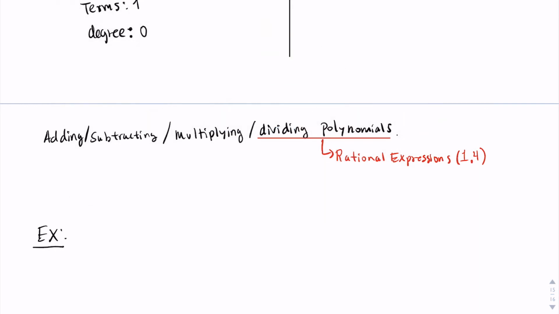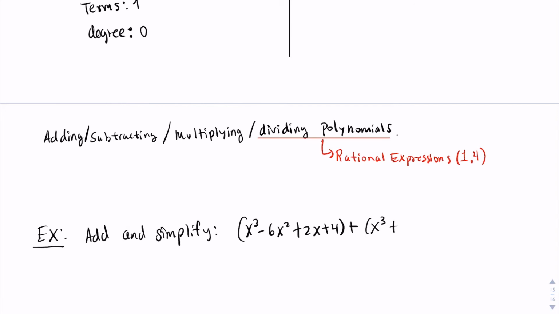Say I want you to add and simplify these two polynomials. Say I have x to the third minus 6x squared plus 2x plus 4, and you're adding this to x to the third plus 5x squared minus 7x.